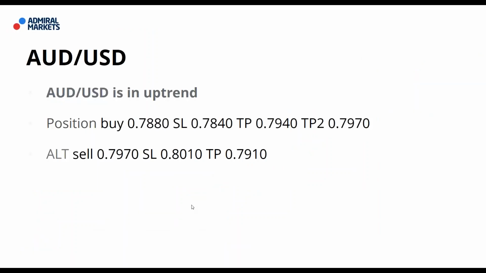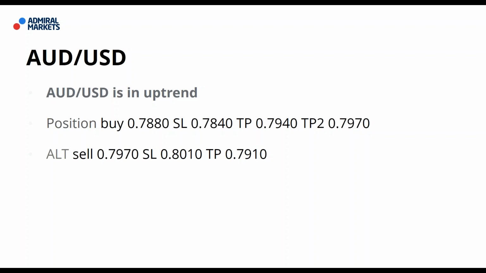Next one is Australian dollar. Always watch it, guys, because usually during the beginning of the week we might see some Australian dollar news, and usually the news in Australian dollar are during early or slightly late Tokyo session.